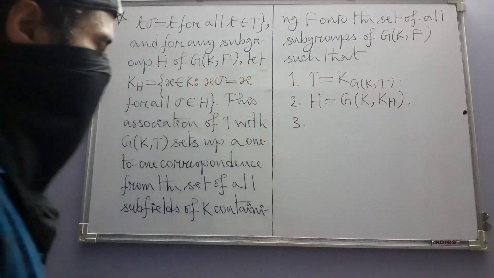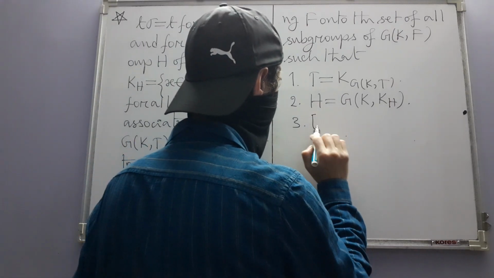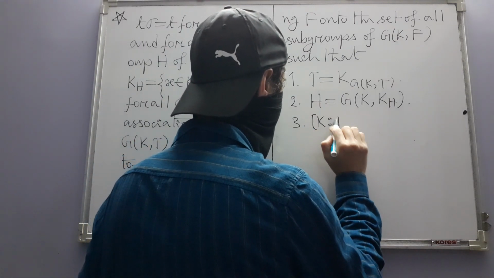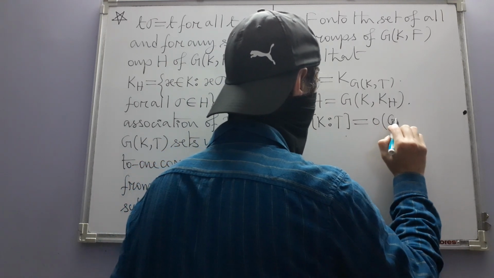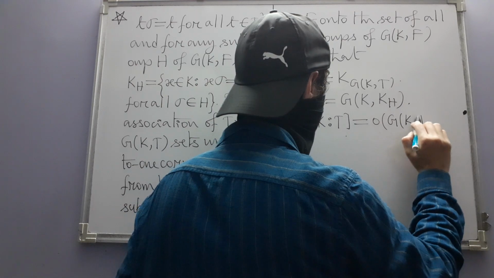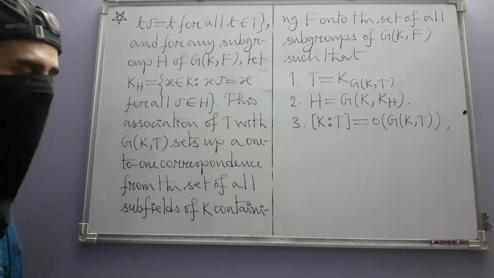Then number three states that the degree of K over T is equal to the order of the group of automorphisms of K relative to T.